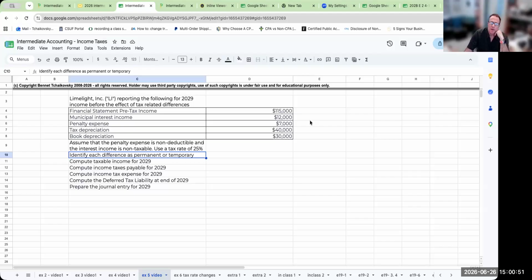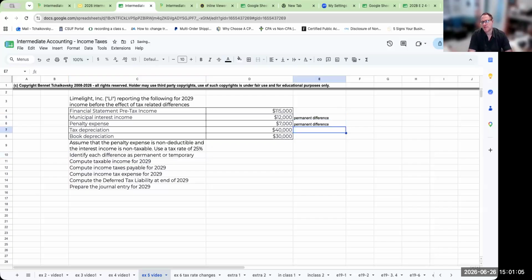Municipal interest income, or muni bond interest income, will be a permanent difference. Penalty expense is also going to be a permanent difference. And then my tax depreciation, these two collectively will be a temporary difference. So use a tax rate of 25%.